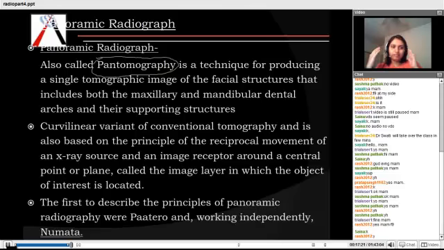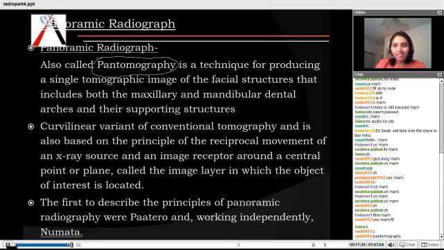use the focusing principle, and herein we make the surrounding objects blurred. Basically, we are making the objects which are not of interest blurred, right?